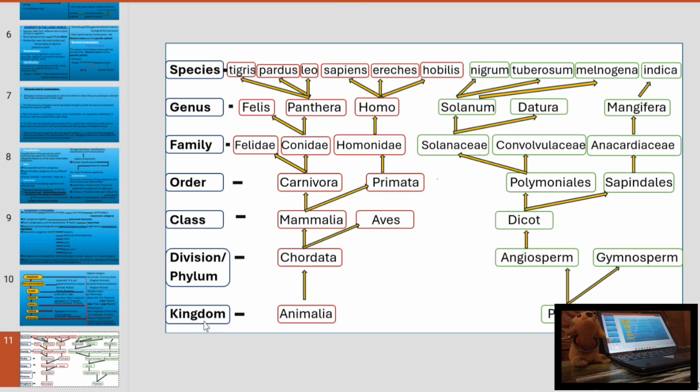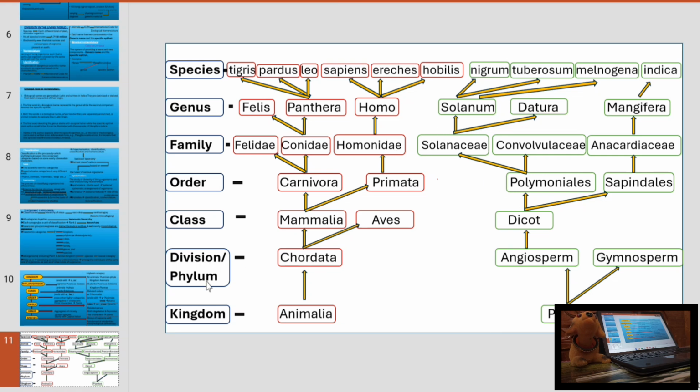Let us start with kingdom. There are two kingdoms given in the examples: Animalia and Plantae. Coming to the division or phyla, all the red marked things come under Animalia, and all the green marked things come under Plantae.